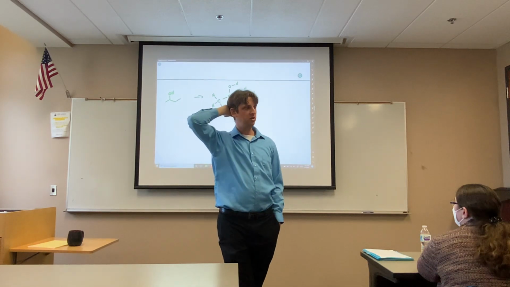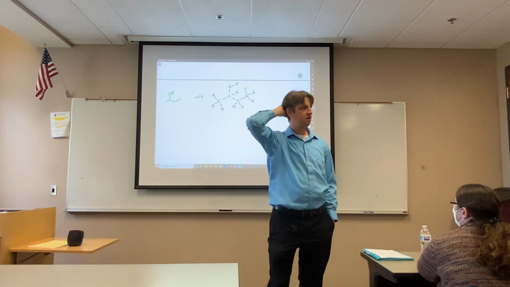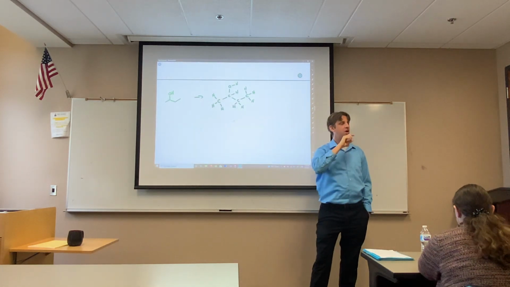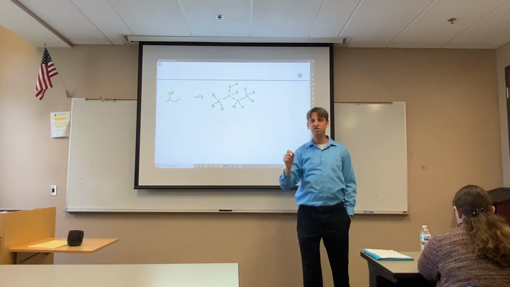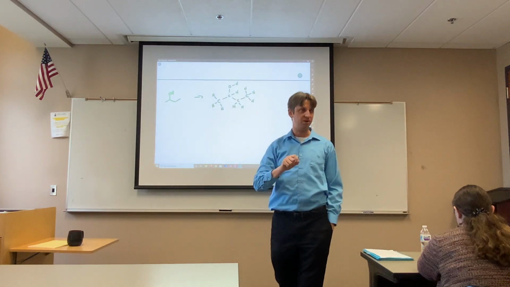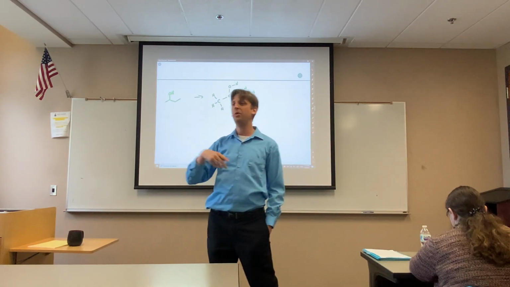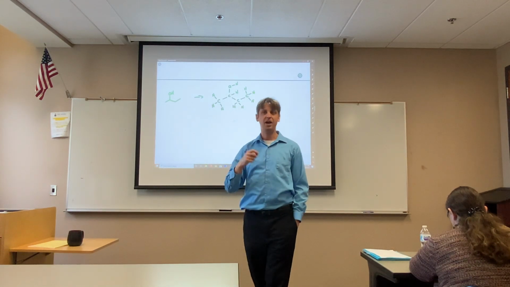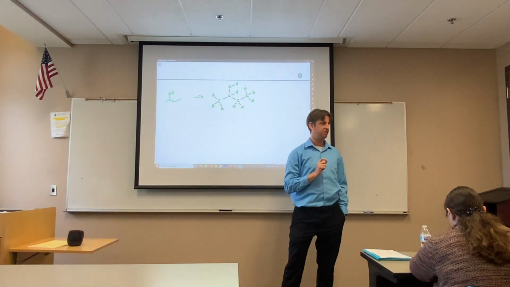So, a couple of things. When we draw our shorthand notation, hydrogens are only understood when they are bound to carbon. When they are bound to heteroatoms, anything that's not carbon, we have to explicitly show the hydrogens.